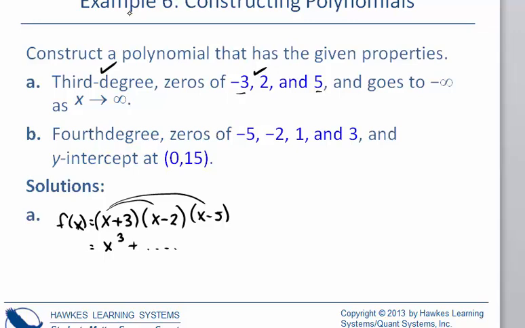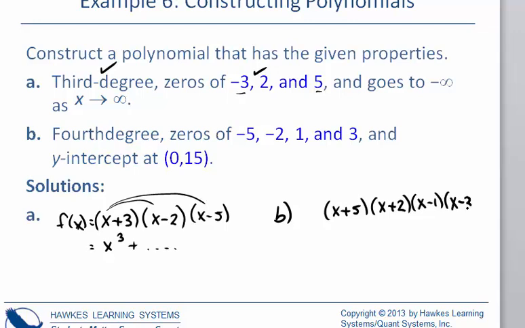Part B asks us to do a 4th degree polynomial, which means that the highest power will be 4. It gives us zeros of -5, so that's going to be a factor of x plus 5. -2, that's going to be a factor of x plus 2. +1, which is going to give me x minus 1.